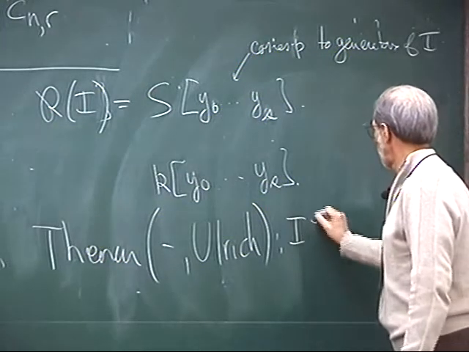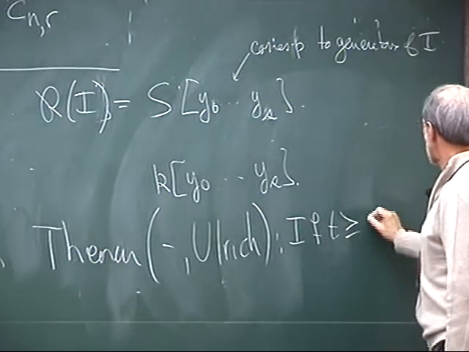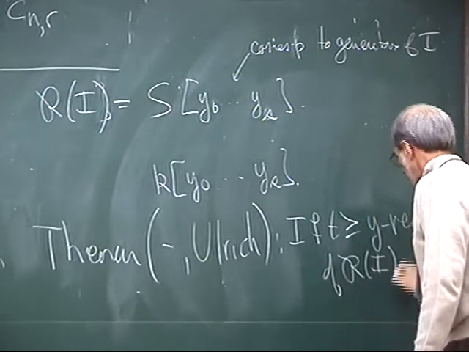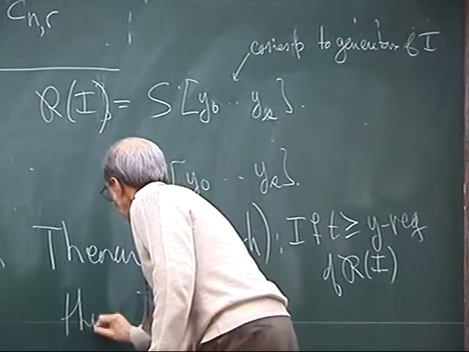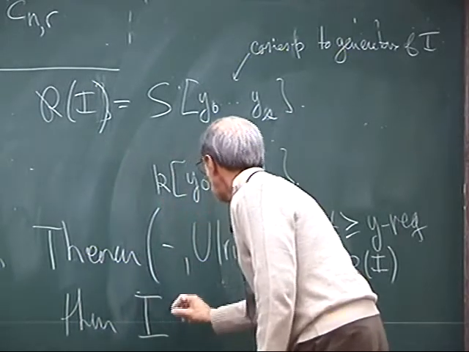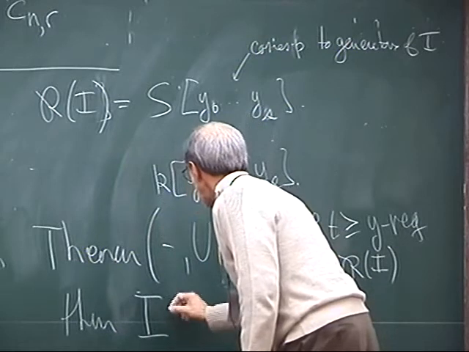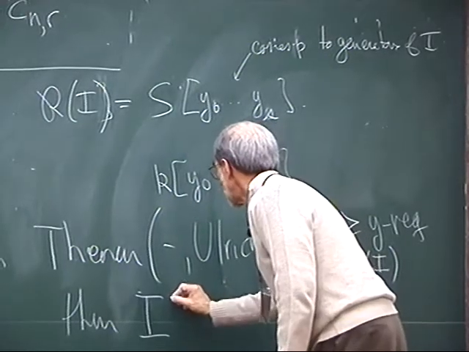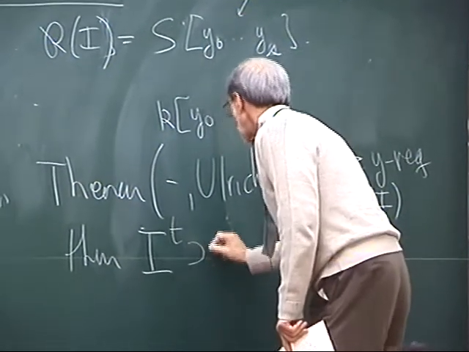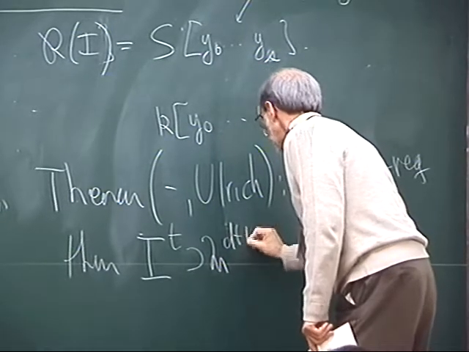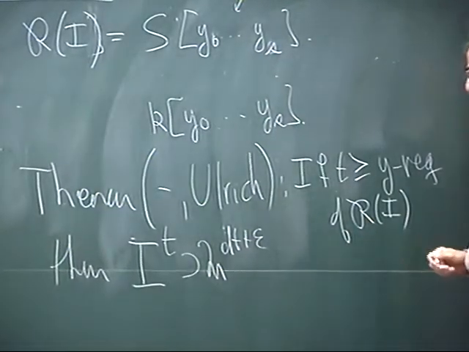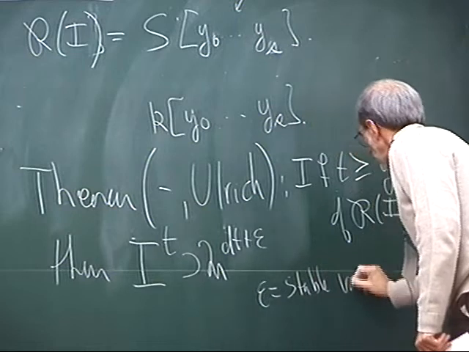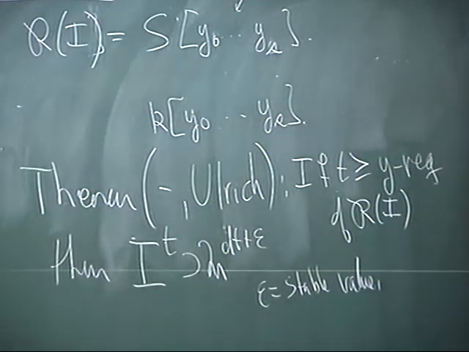So if t is at least as large as the y regularity of R of I, then I to the t contains m to the dt plus epsilon, where epsilon is the stable value, the asymptotic regularity.